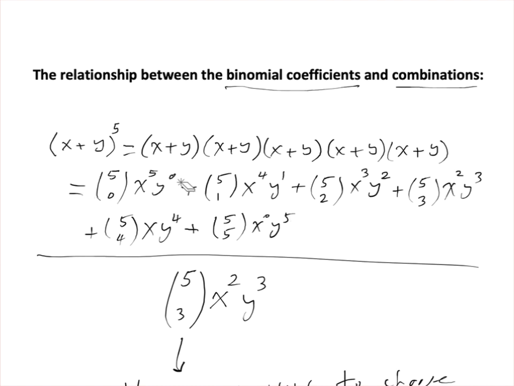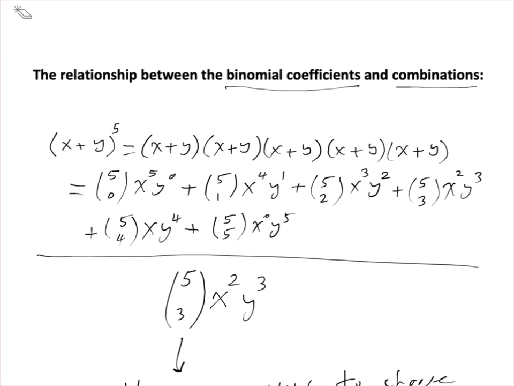We saw in the first video how Pascal triangle is related to these coefficients, where you can get these coefficients in each of those rows. This is for the row 5, because the power is 5. In the row 5 of Pascal triangle, you get all these coefficients.